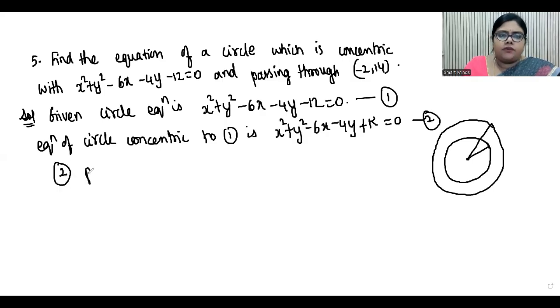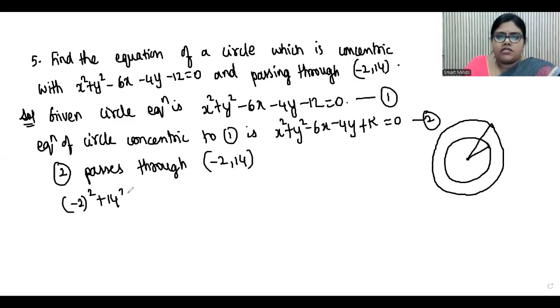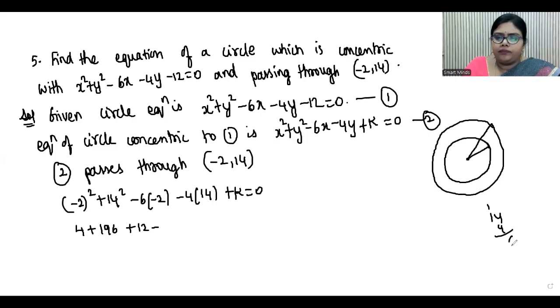This second equation passes through the point. What is the given point in the question? Minus 2 comma 14. So minus 2 whole square plus 14 square minus 6 into minus 2 minus 4 into 14 plus k is 0. 4 plus 196 plus 12 minus, what is 14 into 4? 56 plus k is equal to 0.